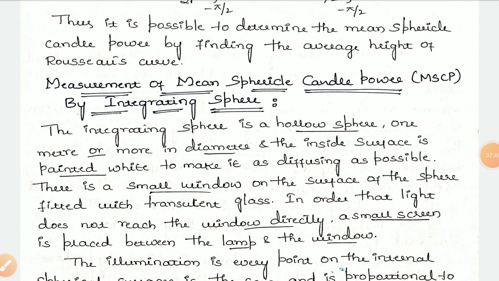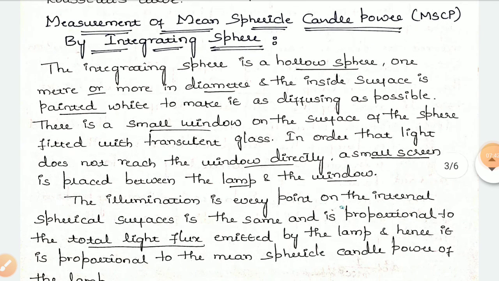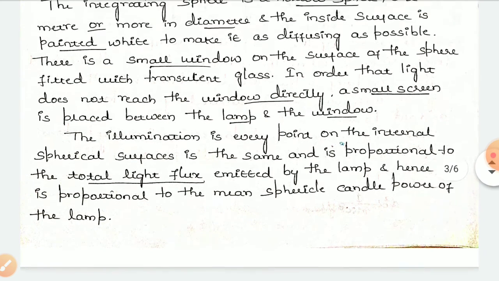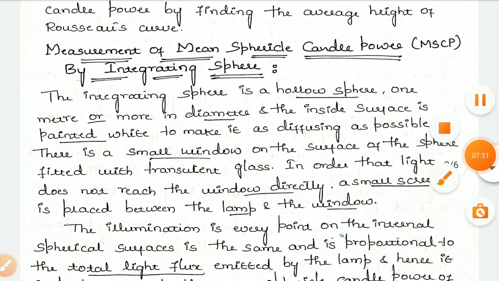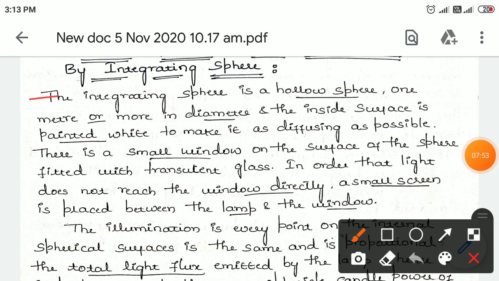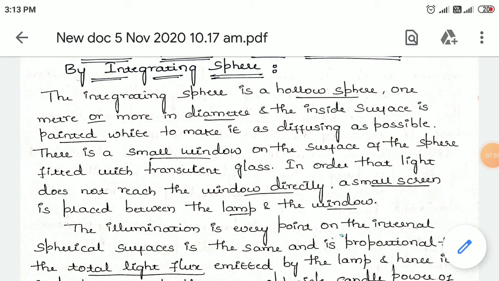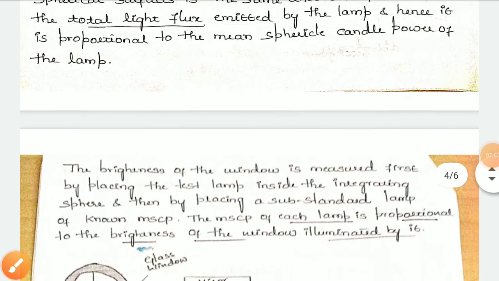This technique is used for the measurement of candle powers, and it is used in various applications. Here they are talking about the integrating sphere, so you have to measure this using the integrating sphere only. This is an integrating sphere.